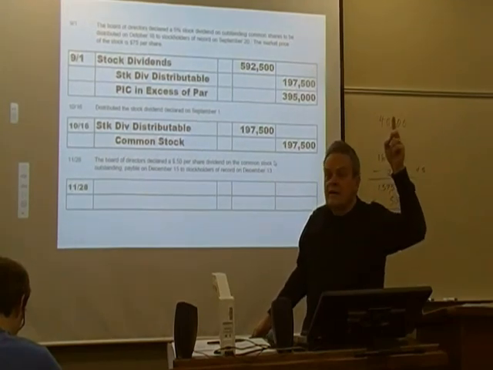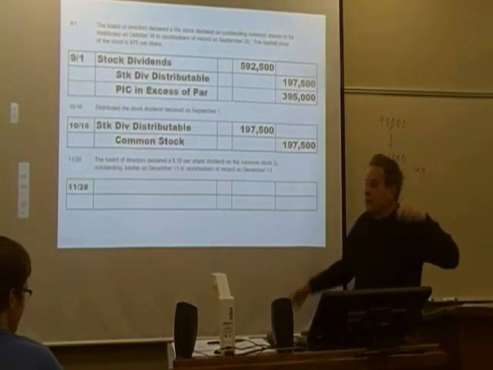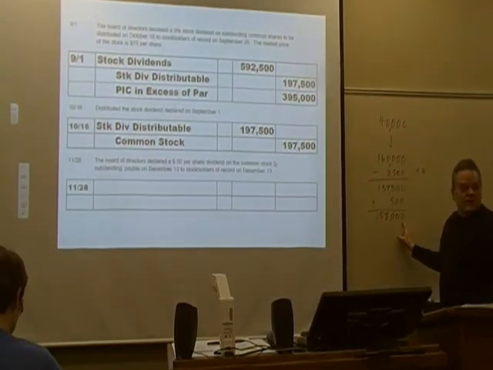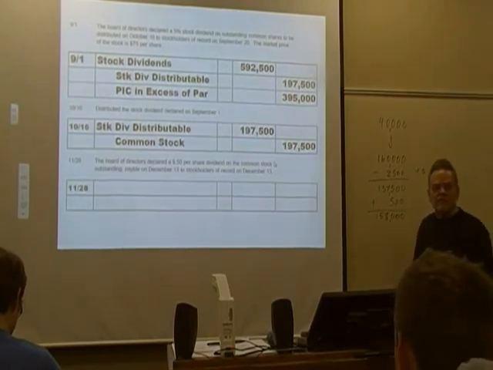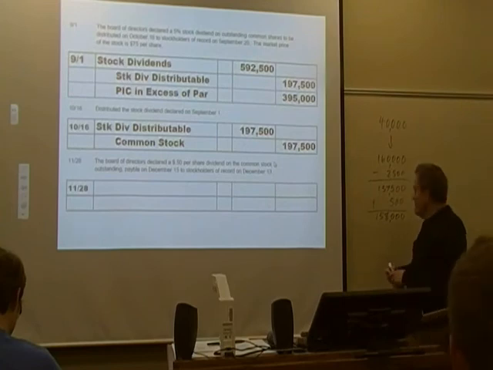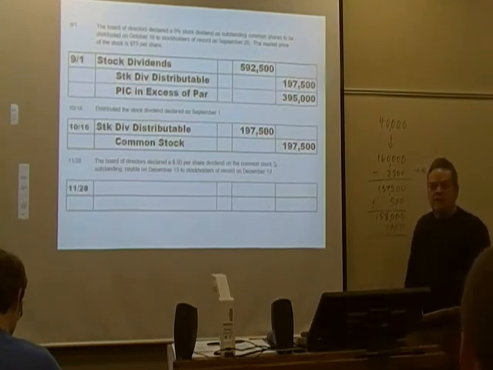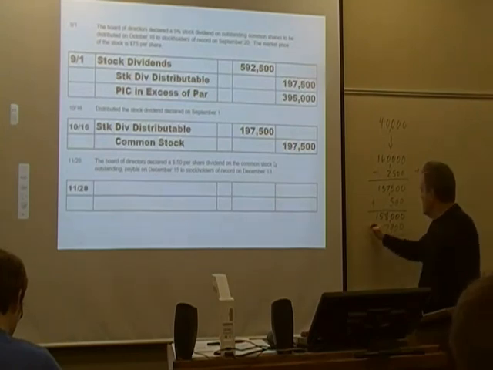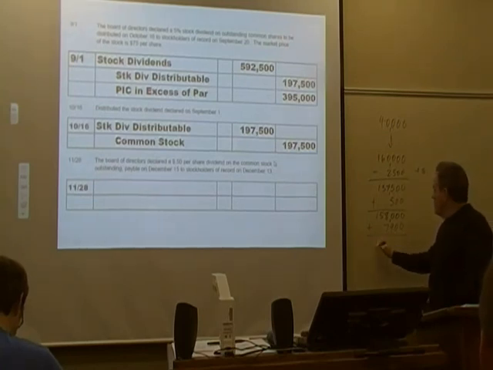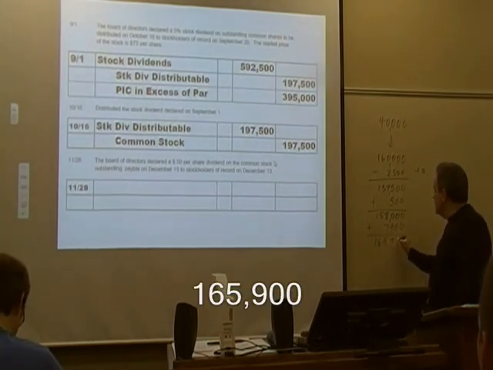Which reminds me, now might be a good time to revisit this. The last time we talked, the number of outstanding shares was 158,000. What happened just now, Nate? You just issued more. How many more? 7,900 new shares were just issued. 165,900 has been suggested.